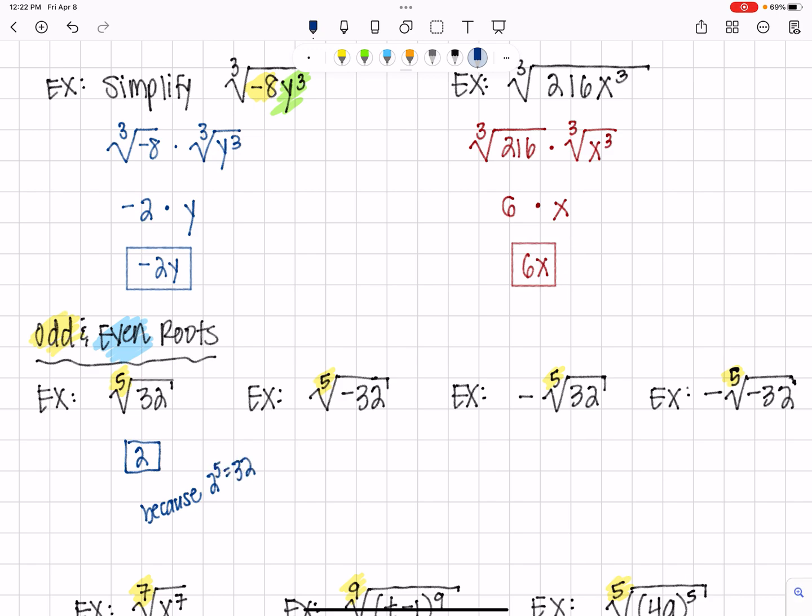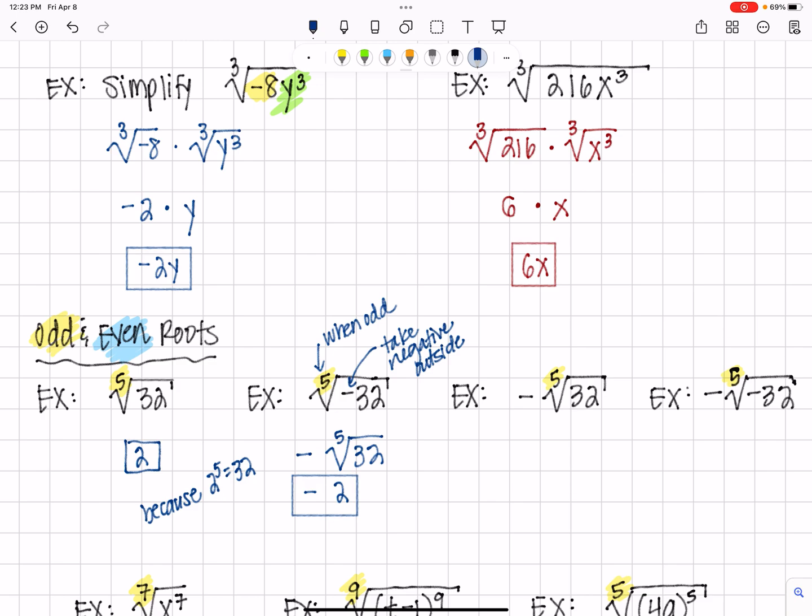The fifth root of negative 32, remember what we did the last time. When the index is odd, you can take the negative to the outside. So I've got the negative on the outside, and now I've got the fifth root of 32. And the fifth root of 32 we just did, that's 2. So I've got negative 2.